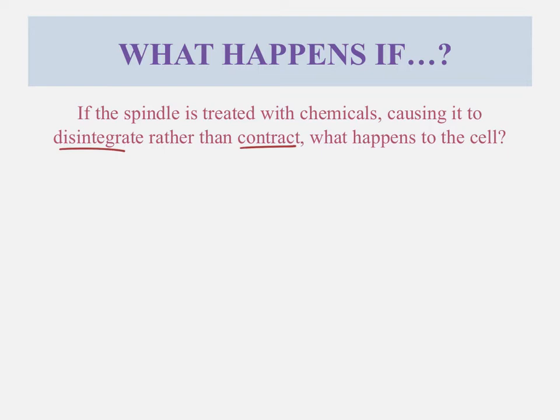Okay, so if our spindle is disintegrated rather than contracting, that means that the centromeres of the chromatid, remember we're using the word chromatid, the centromeres of the chromatid arms are not connected to the spindle fibres.